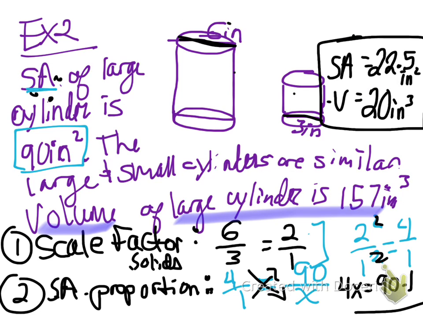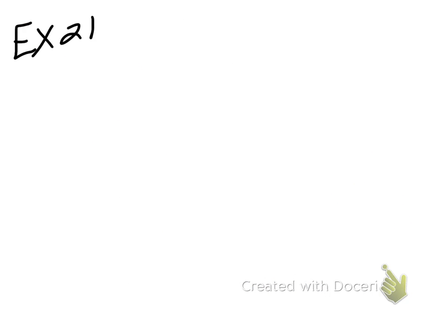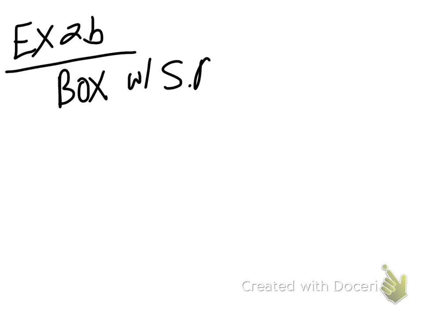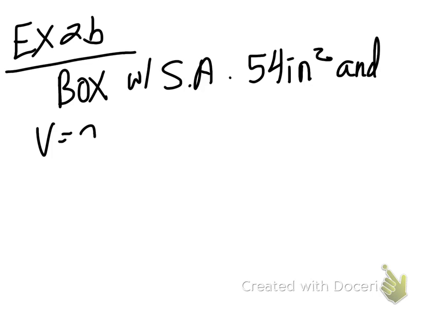Okay, I'm going to have you do an example with that. Okay, so this is example 2b. You have a box with a surface area of 54 inches squared and a volume of 27 inches cubed.